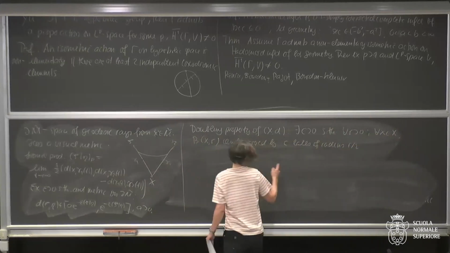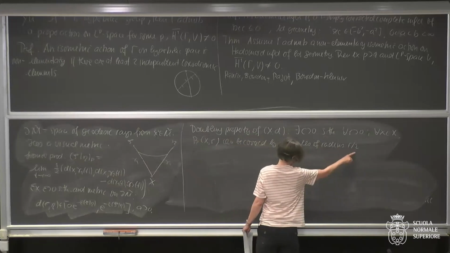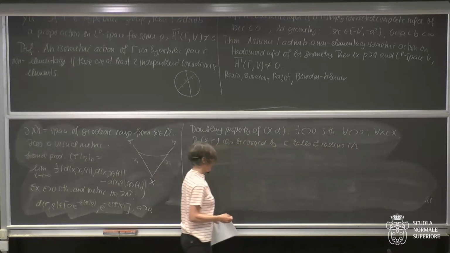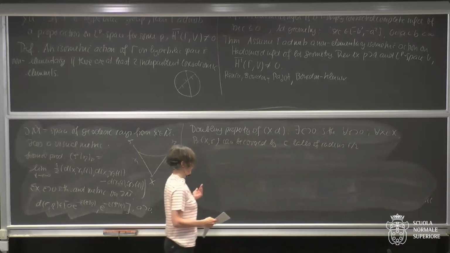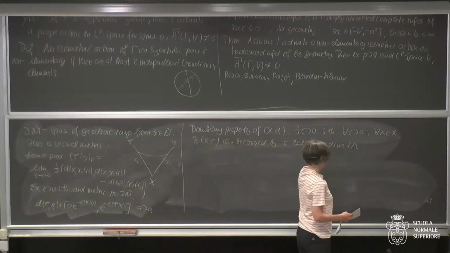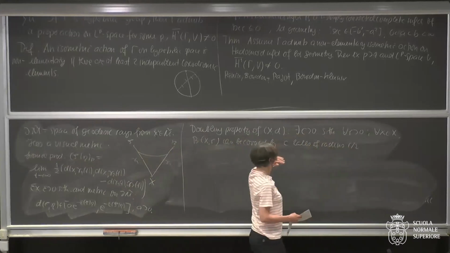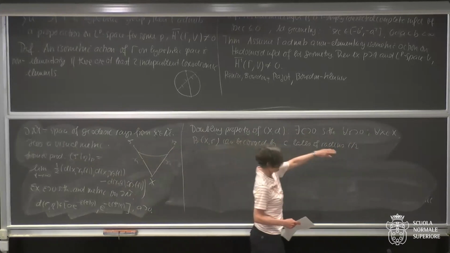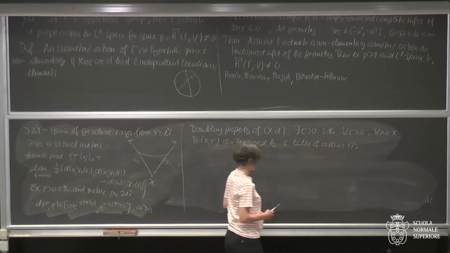So you take balls whose radius is half of the given radius, and then you ask yourself how many balls of the smaller radius do I need to cover my original ball, and you do this for every R. And this is if this C here is finite. So if the C is finite for all R and all x, then the space is doubling.